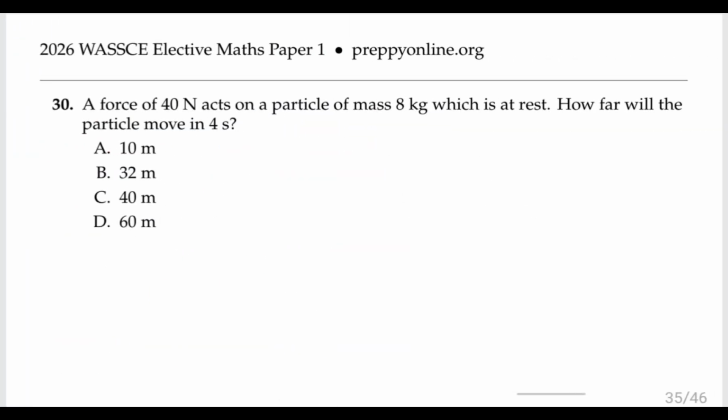Question 30. A force of 40 Newton acts on a particle of mass 8 kilograms, which is at rest. How far will the particle move in 4 seconds? So here from Newton's second law, we have the famous equation F equals ma.